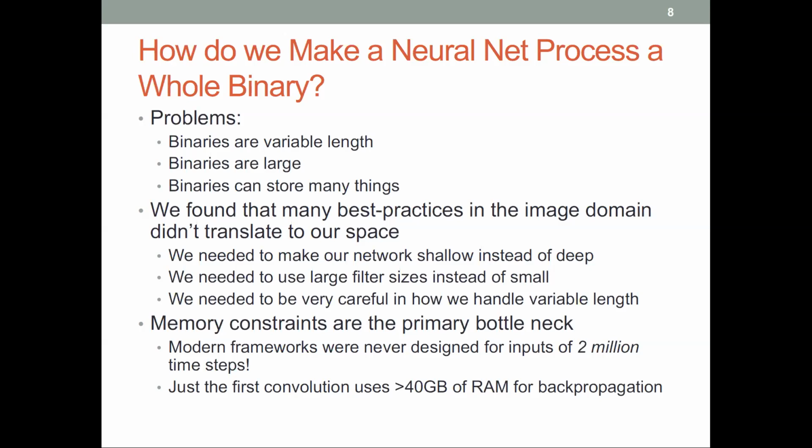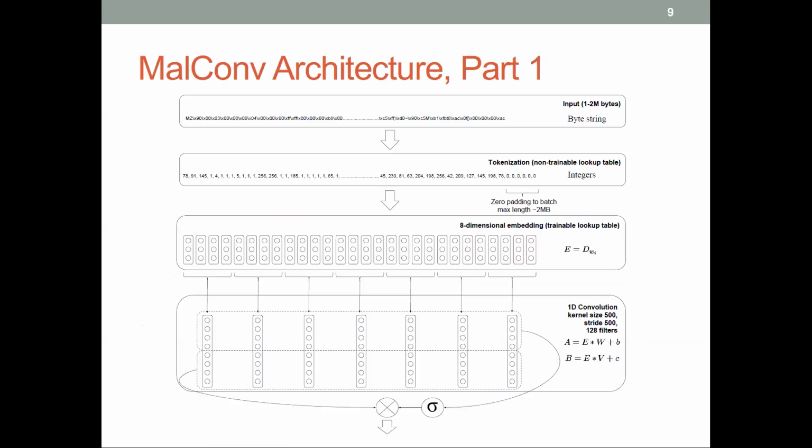They are assuming that each byte in a 2 megabyte binary file is a time step, or a piece of information that needs to be encoded in the feature vector. And they note that just the first convolution in a CNN-based approach to malware classification uses more than 40 gigabytes of RAM for backpropagation during training.